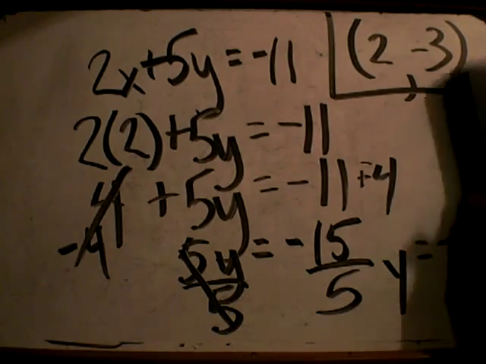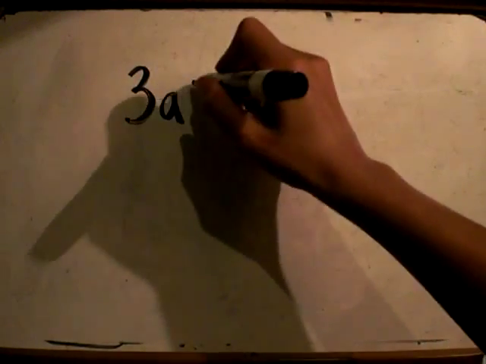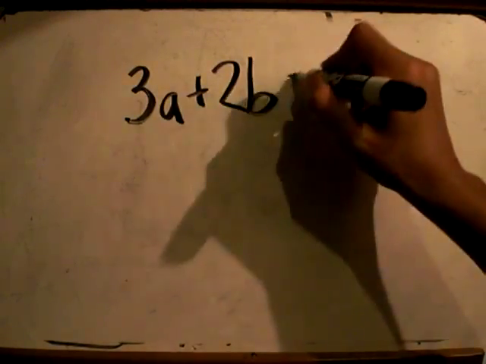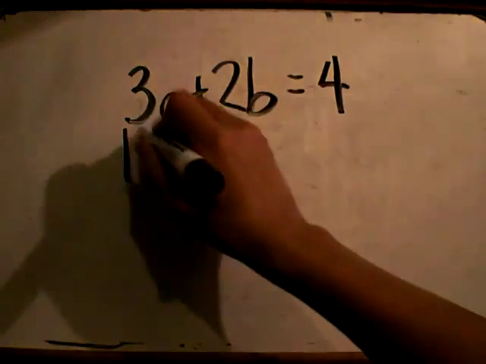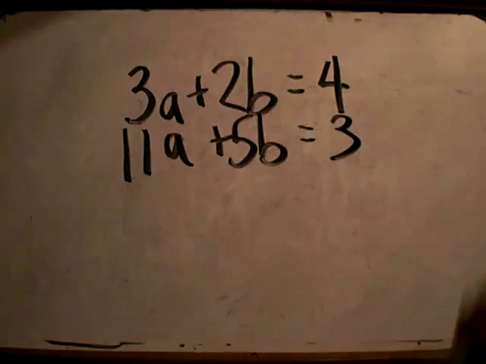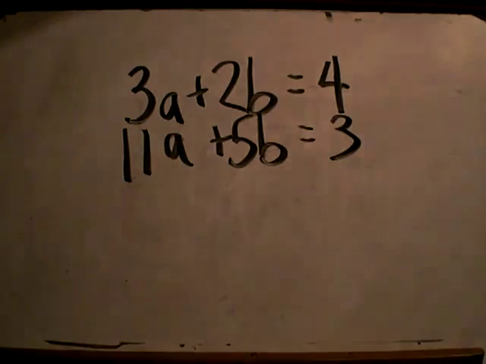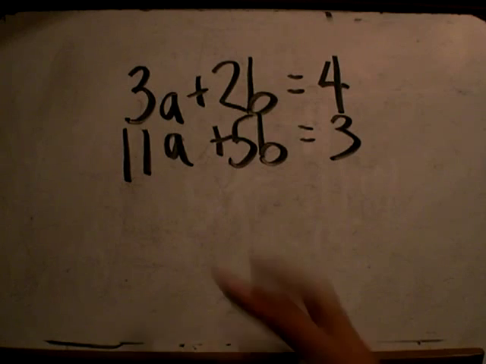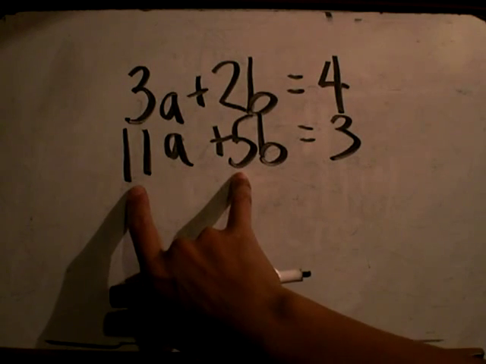Now I'm going to move on to another problem. In that case, we used the addition method, but I'm going to give you one where we're actually going to use the subtraction method, but we still have to multiply. If we look at the coefficients, they're not the same, nor do we have opposites.